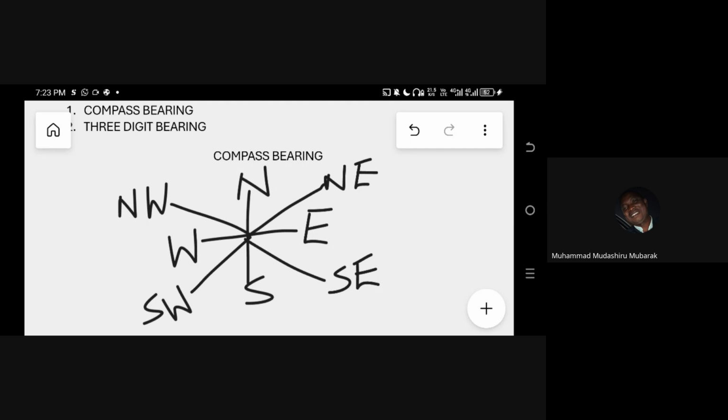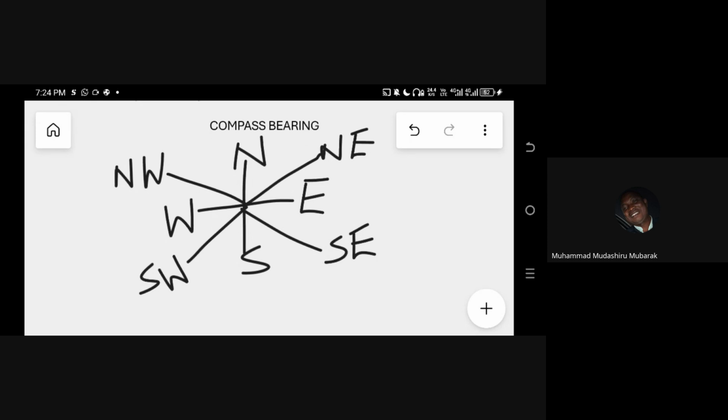Then we went further to say that there are four other secondary points on the compass. The point between north and east is a secondary point and we call it the northeast.